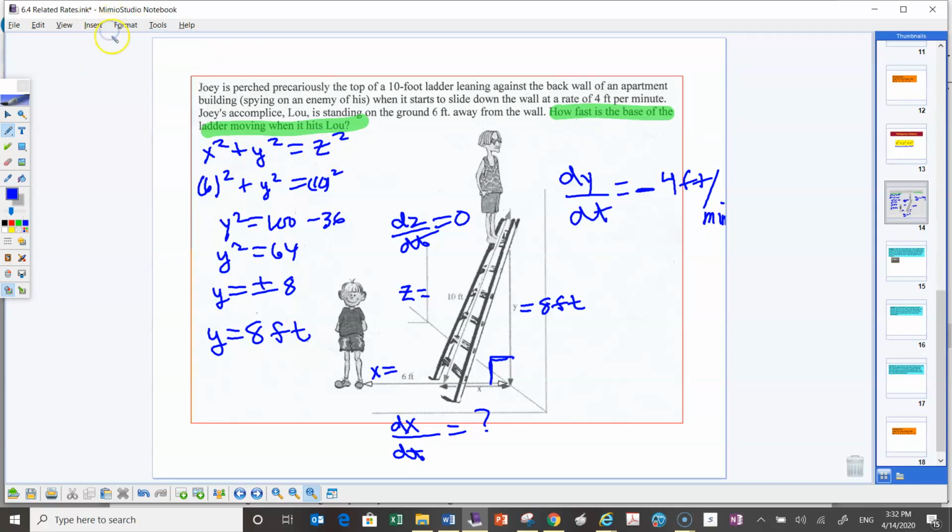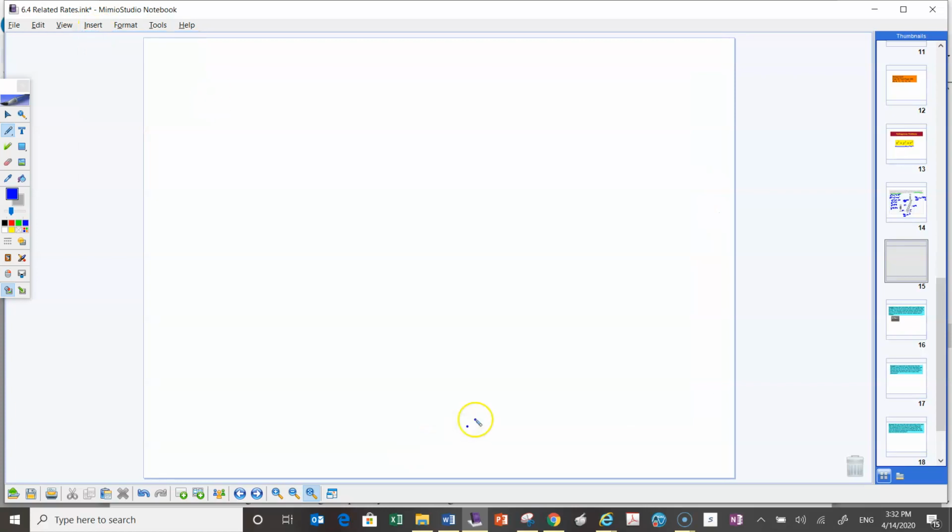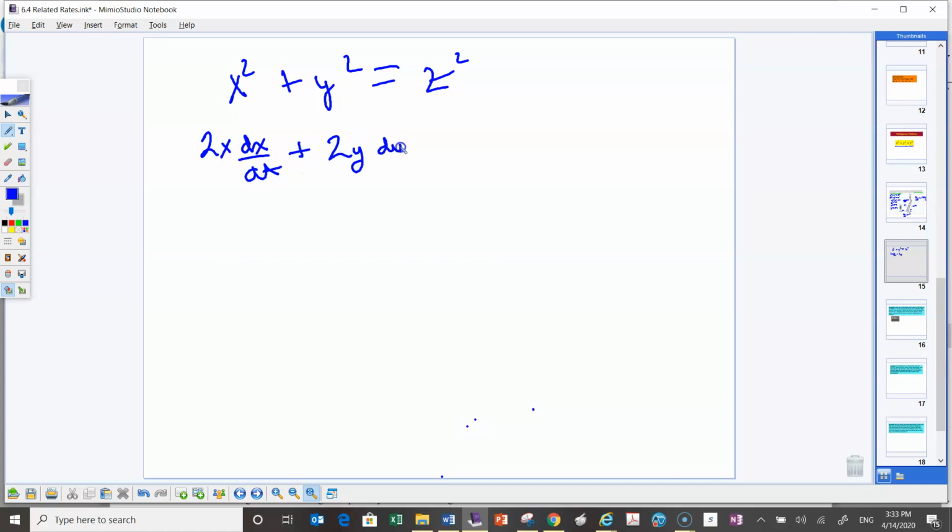Now, we used Pythagoras' theorem once to find our missing side. And then we're going to use Pythagoras' theorem again to take the derivative. But when we do related rates, remember, we're taking the derivative with respect to t. So this derivative would be 2x times dx/dt plus 2y dy/dt is 2z times dz/dt. Now we said dz/dt was equal to 0, and 0 times anything is 0. So this whole right side of my equation is going to be 0.